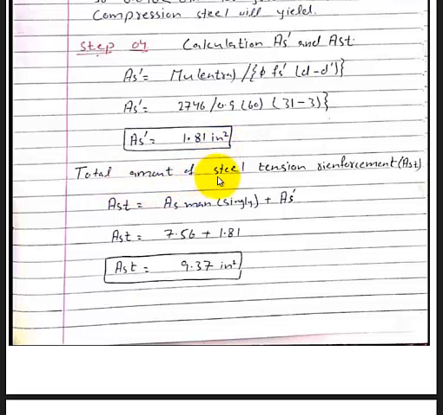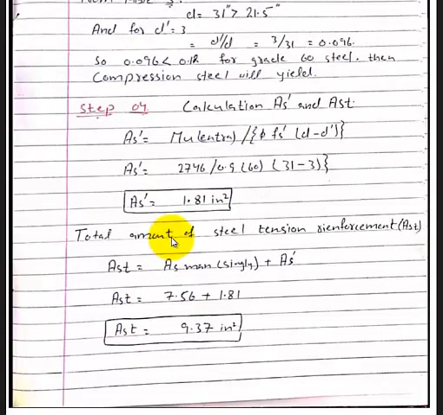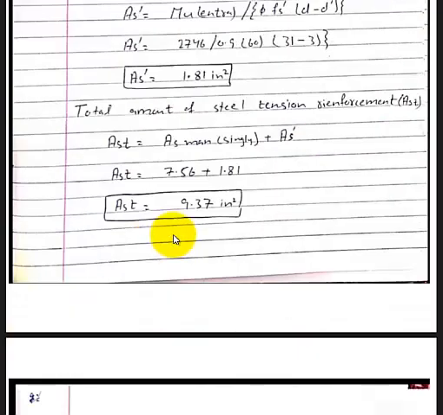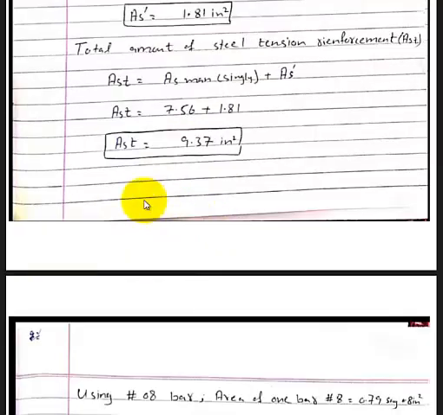The total tension reinforcement AST is As maximum plus As dash, so AST is equal to 7.56 plus 1.81. 7.56 is the area of steel maximum singly, and 1.81 is the area of steel used in the compression zone. Both will be added, and we get AST as 9.37.